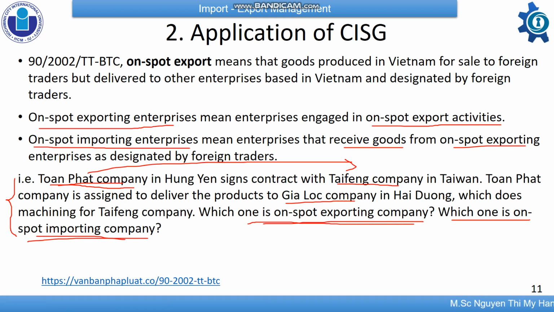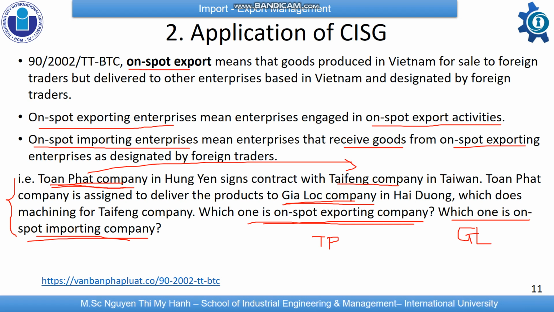The on-spot importing company is the company that receives the products from the on-spot exporting company. So in this case, which company receives products from Toàn Phát company? That is Yellow company. So we have the on-spot exporting company is Toàn Phát, and the on-spot importing company is Yellow.